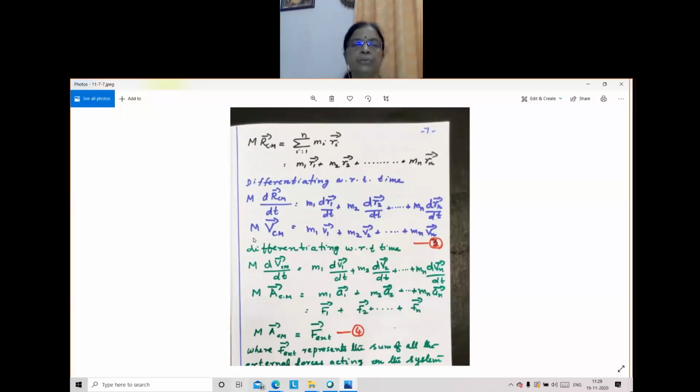Total mass into the velocity vector of the center of mass equals m1 v1, where dr1 by dt is v1, the first particle's velocity. In a system of particles, we are considering all the particles. Second particle m2 v2 plus etc. mn vn. So n particles are there. What is mass into velocity? Mass into velocity is actually momentum. So the total momentum is the sum of the momenta of the individual particles.